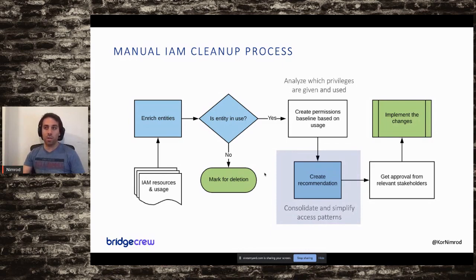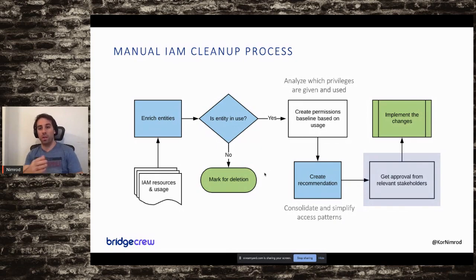It means we need to group the users who need the same level of access, maybe modify policies at a fine-grained level and not just remove the entire policy. And then the final thing is also, of course, to get approval from the relevant stakeholders. You don't want to mess with other people's stuff just because they aren't using it right now. And finally, implementing the changes.